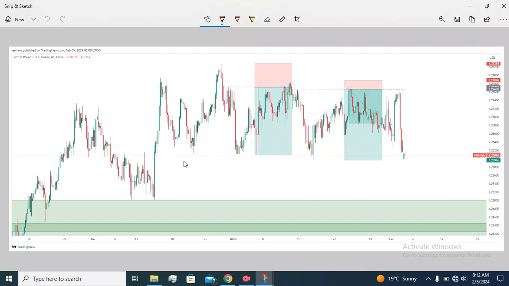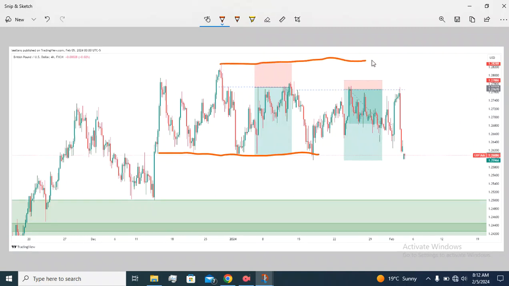And what we can see here is that considering the previous video analysis I made, I was considering this first break of structure to be taken, which was eventually taken here, and the next potential target was this high.